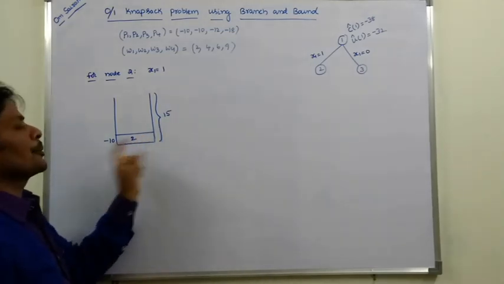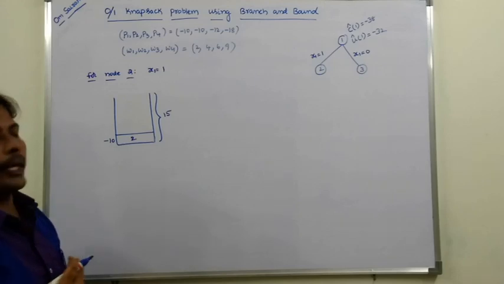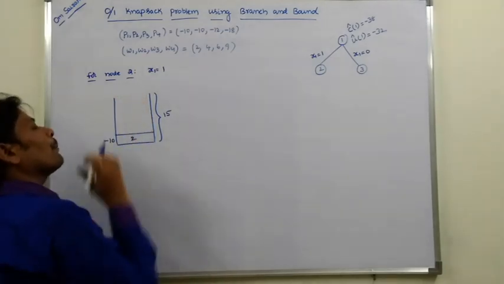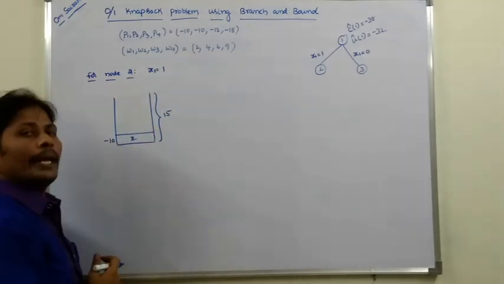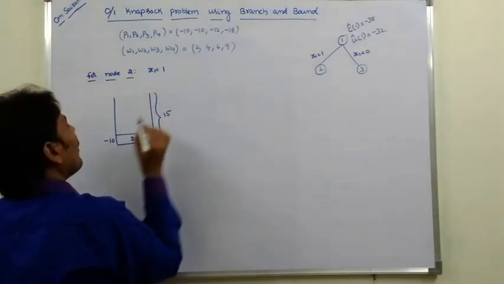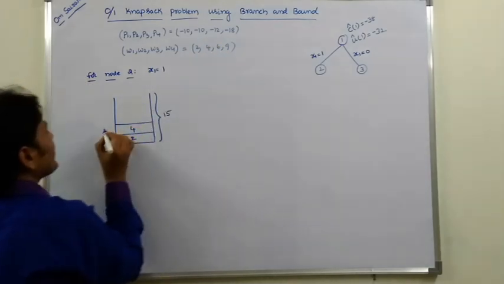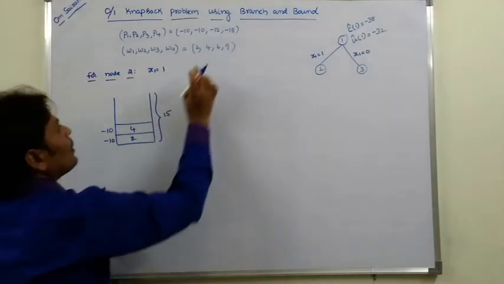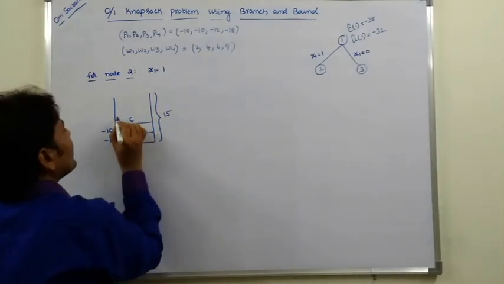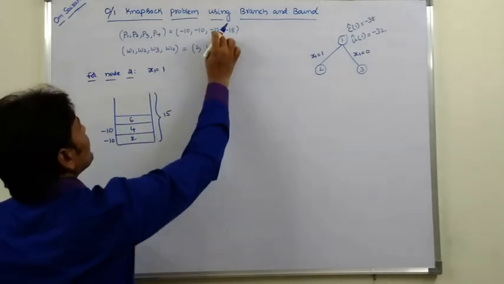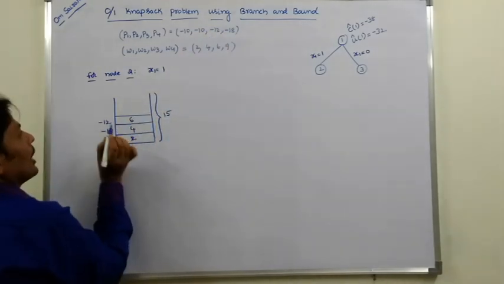So 15 minus 2, that is 13. Okay. Now this remaining space is used for the remaining objects. So the second object is placed into the knapsack. Its profit is minus 10. Now the third object is placed into the knapsack. Its corresponding profit is minus 12.